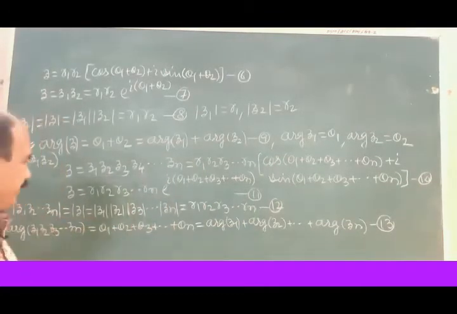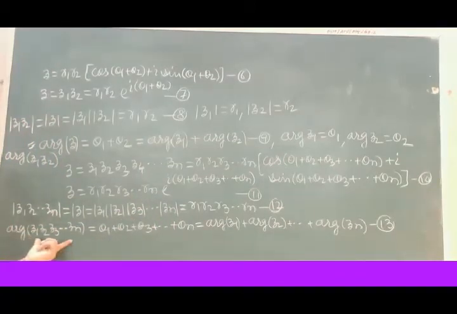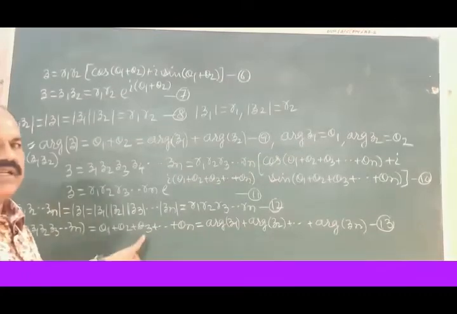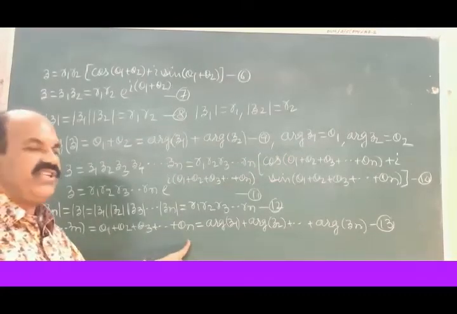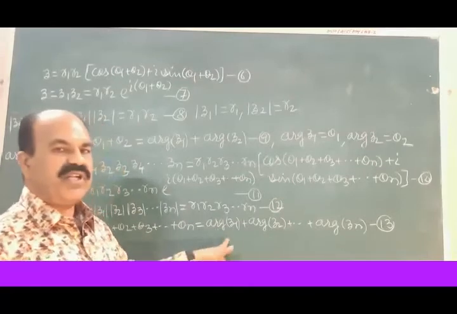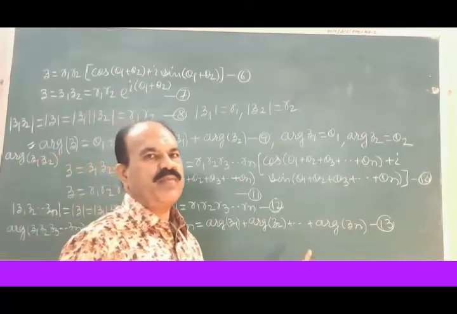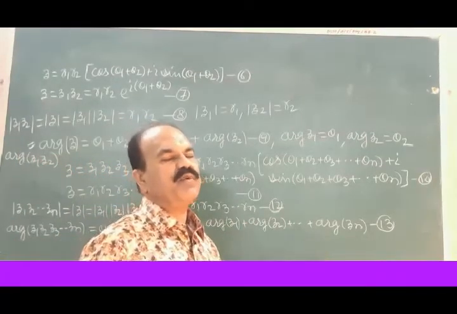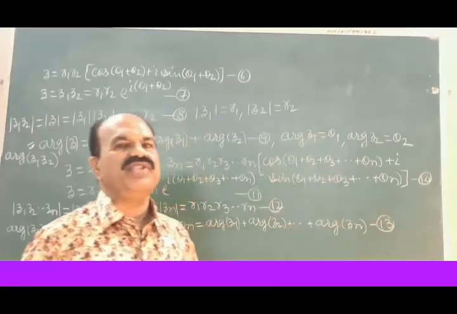Equation number 12. Equation 13, argument of product of n complex numbers is equal to theta 1 plus theta 2 plus theta 3 plus up to theta n, that is argument of z1 plus argument of z2 plus argument of z3 plus argument of z4 plus up to argument of zn.